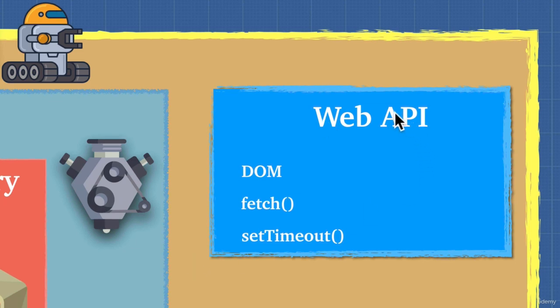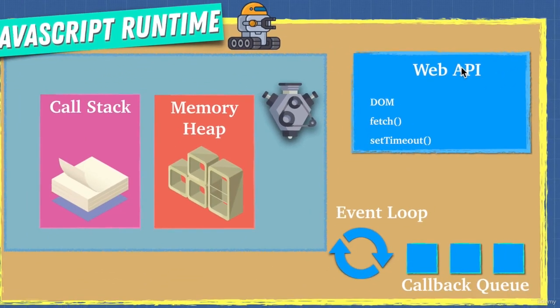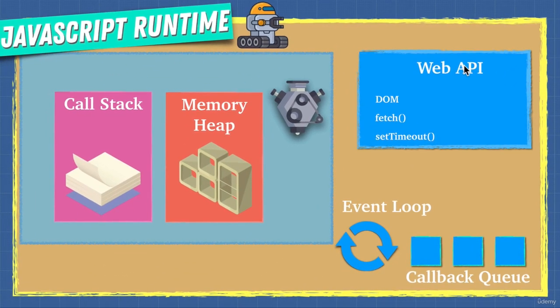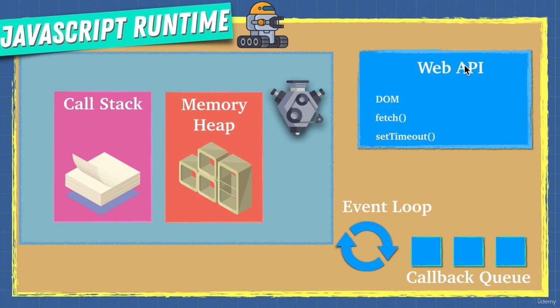The Web API comes with the browser. Chrome, Microsoft Edge, Safari, Firefox. All of them have their JavaScript engine implementation, and all of them have a JavaScript runtime that provides a web API.